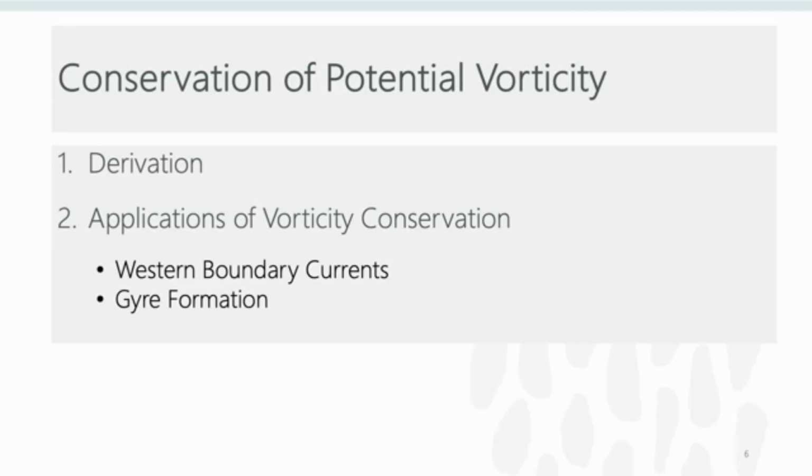The asymmetry of gyres arises because vorticity is conserved, leading to intensified flow on the western side of the ocean basin and weaker flow on the eastern side. As a result, the gyre is formed.